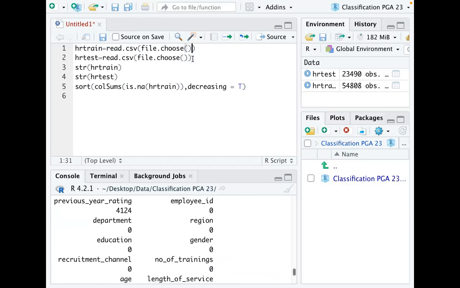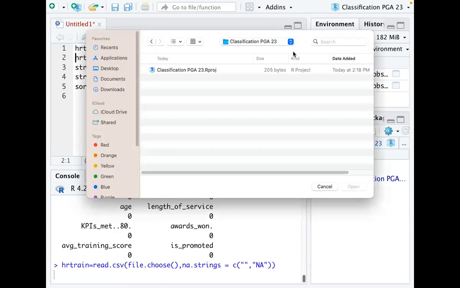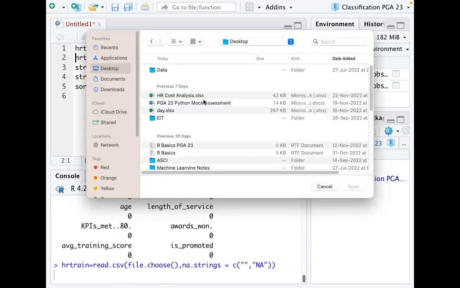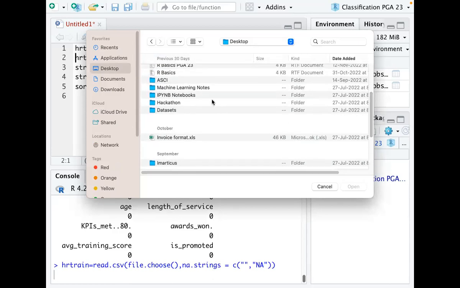Okay, you have to add one more argument there: na.strings is equal to c of. While importing, you have to add the NA function also, because education it is not recognizing the missing values.